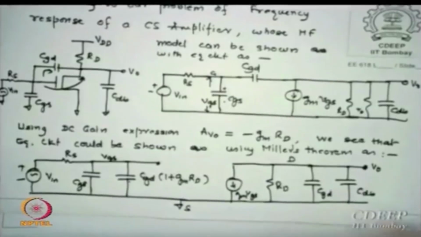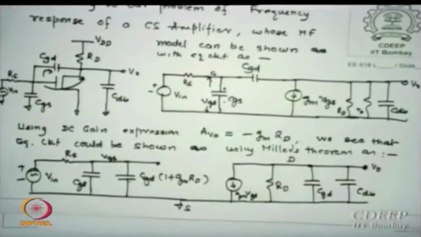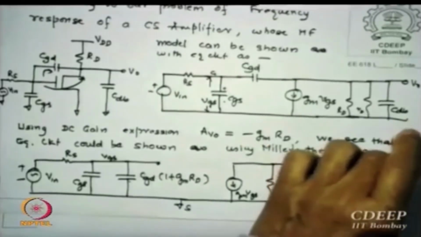In many cases this CL may be a very dominant term. Why? Raj? Many a time the CDB value may not be more than half a picofarad or less, but the load value may be very strong because of something else. What? If there is external capacitance, that is, you are driving the next system which has a large input capacitance, this will appear here.